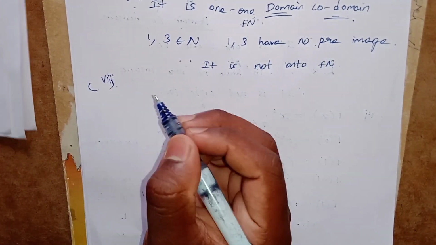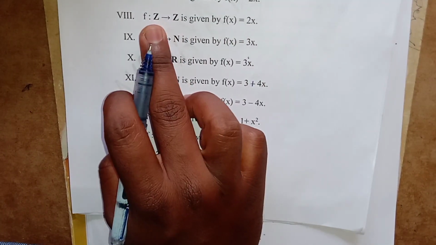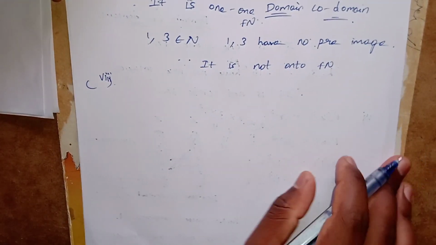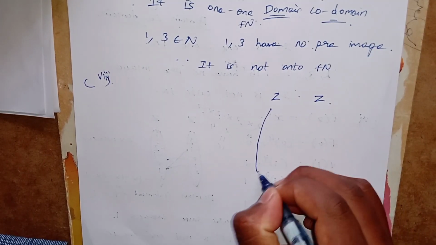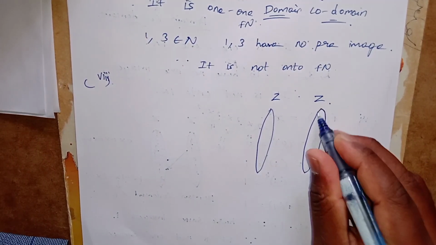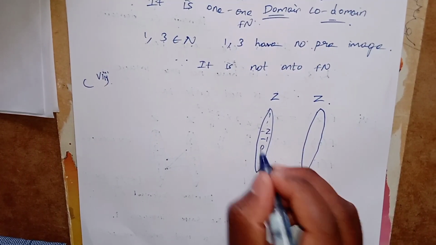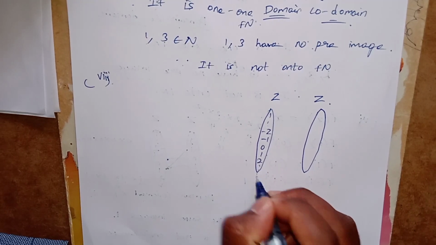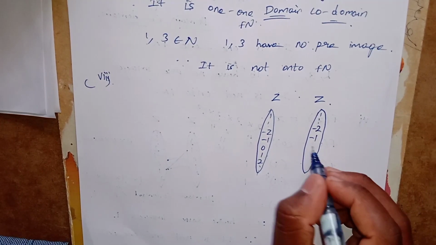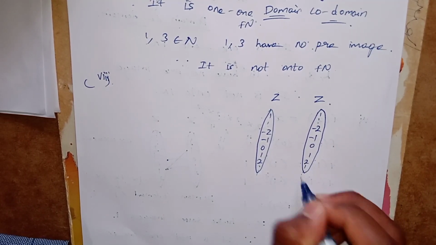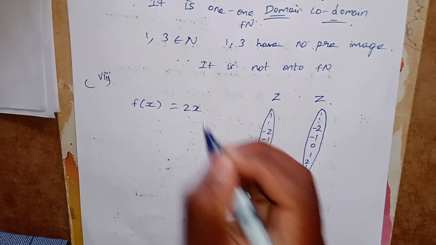Subdivision 8. See here, the same function, but here integer to integer, minus infinity to plus infinity. I am taking only a few examples: -2, -1, 0, +1, +2 up to plus infinity. Okay, f of x equal to the same function 2x.